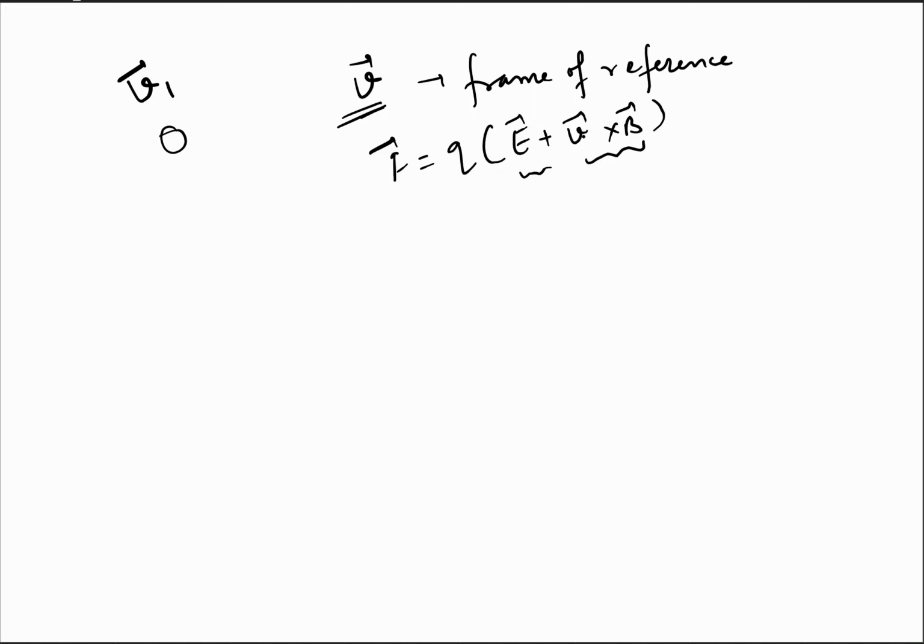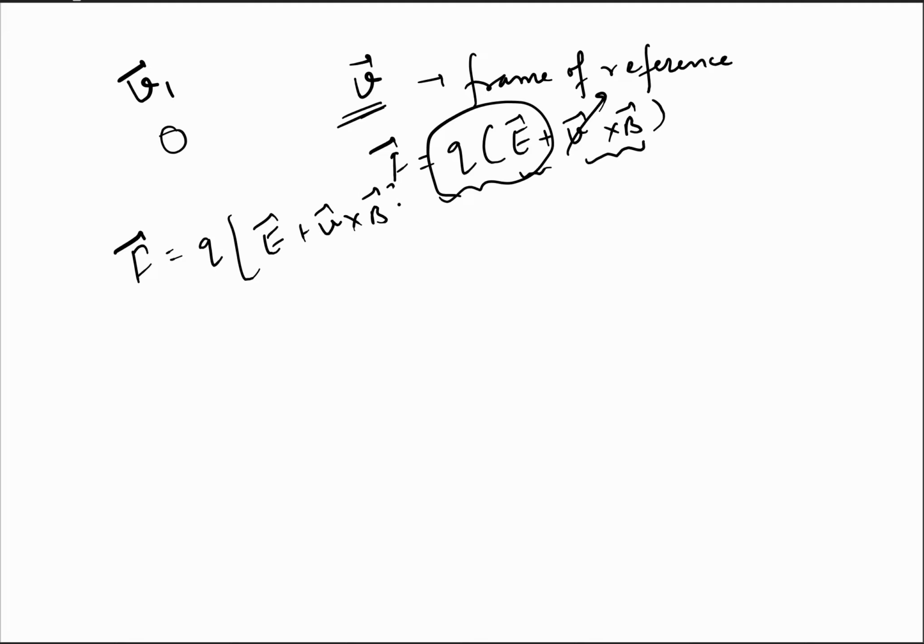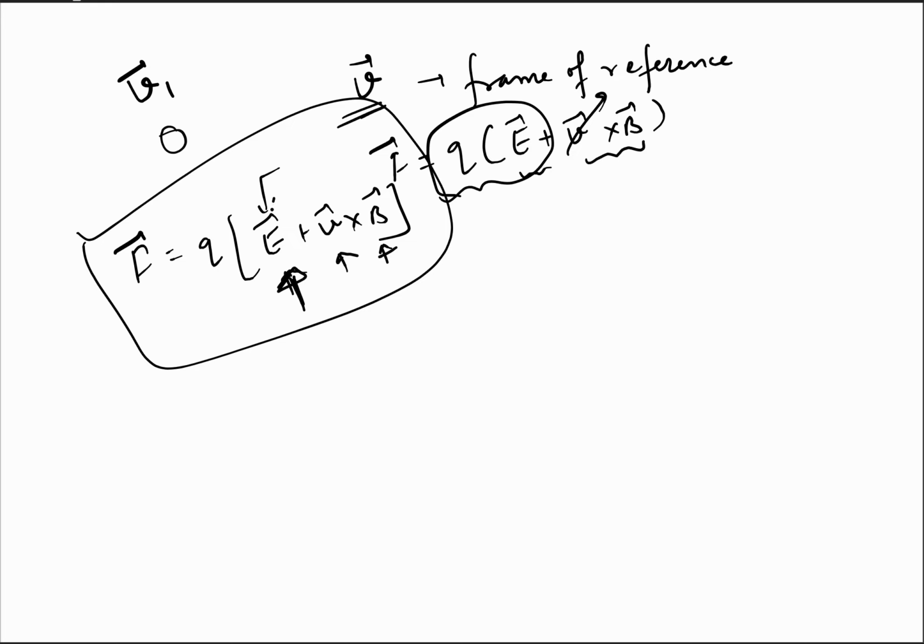And in some reference frame, when v is 0, there will be only the electric force. So this equation in itself is valid in all reference frames. It is the quantities E, v or B which change in different frames. So this equation is valid in all the frames, but we should take care of the quantities while putting in the values in different frames.